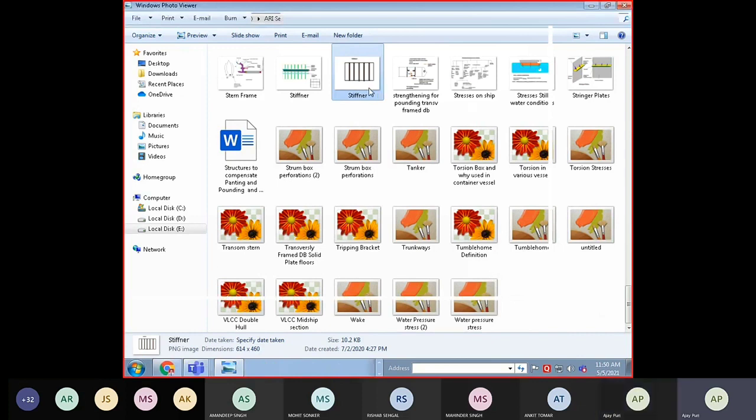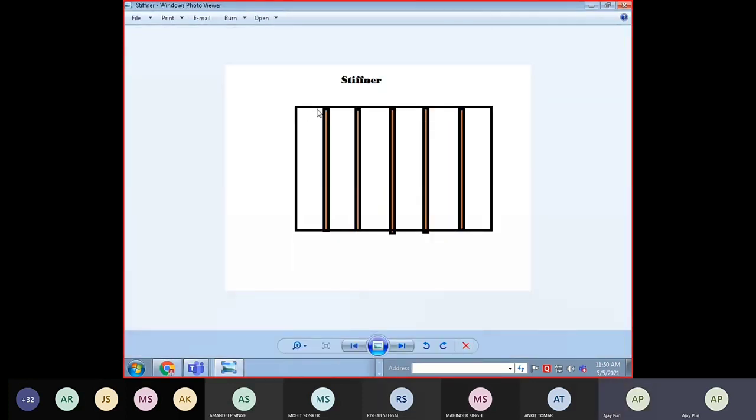Suppose this is the bulkhead. Strips of steel fitted here to take the weight and take the pressure will be your stiffeners. These are your stiffeners which stiffen the plating.